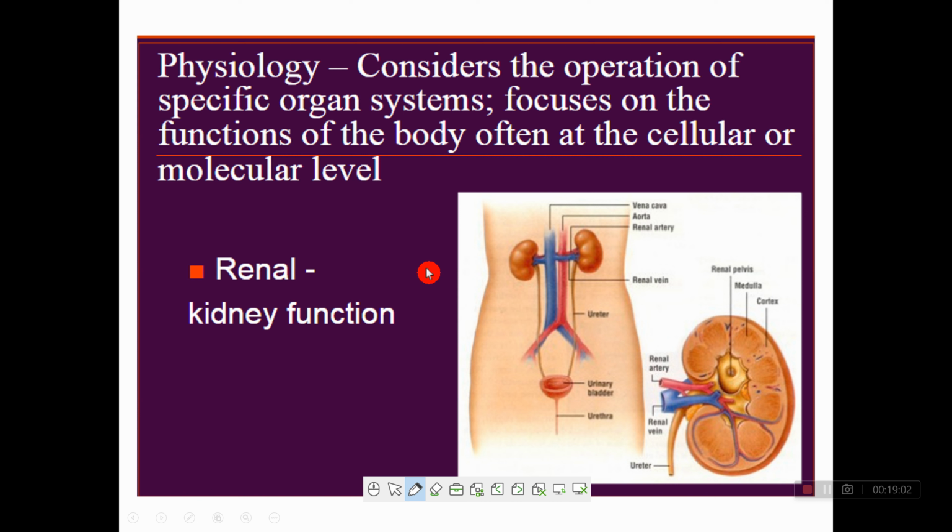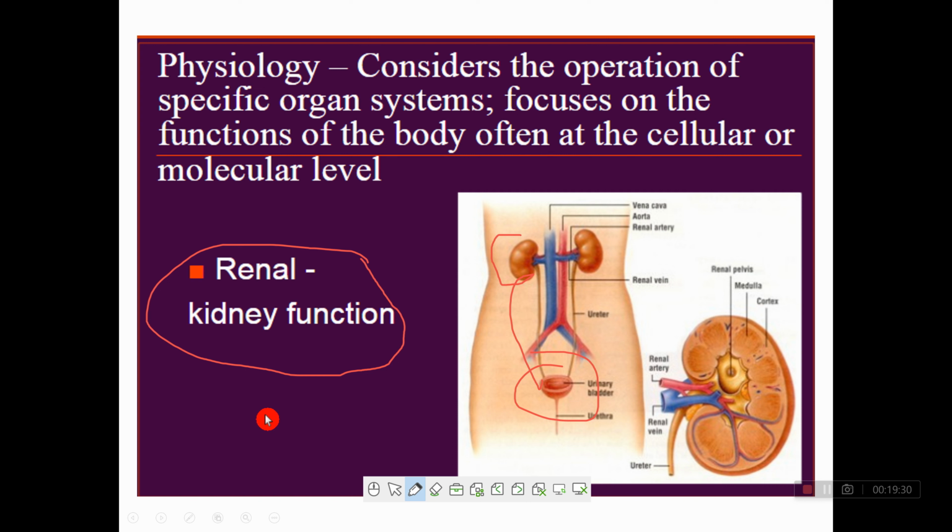I told you with an example of the respiratory system. Here the example of renal or kidney function is given: in the excretory system there are different organs like kidneys, ureters, and urinary bladder. This is called the internal anatomy of the excretory system.